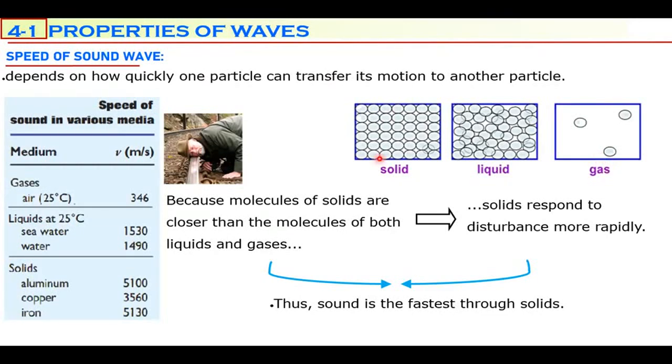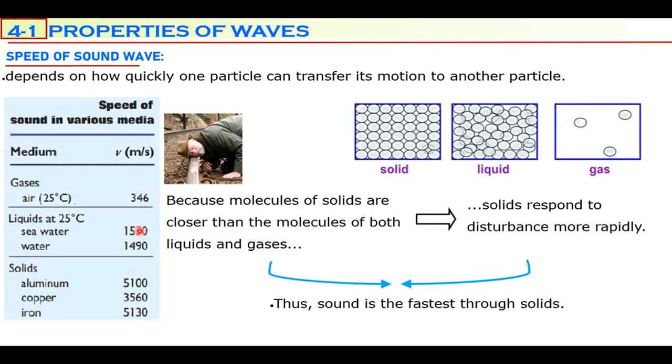For that reason, sound in liquids is faster than in gases, and fastest in solids, because solids respond to the disturbance more rapidly.